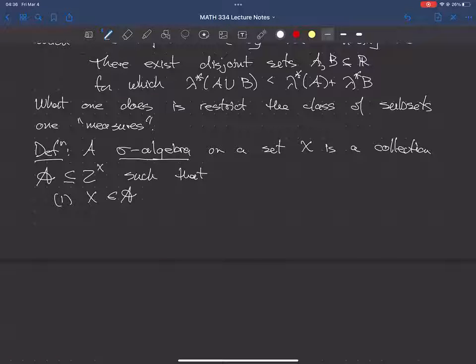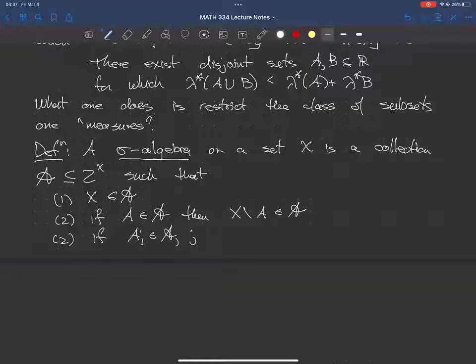One is that the entire set itself should be in there. If A is in there, then so is its complement. And if the A_J are in script A, then so is their union.